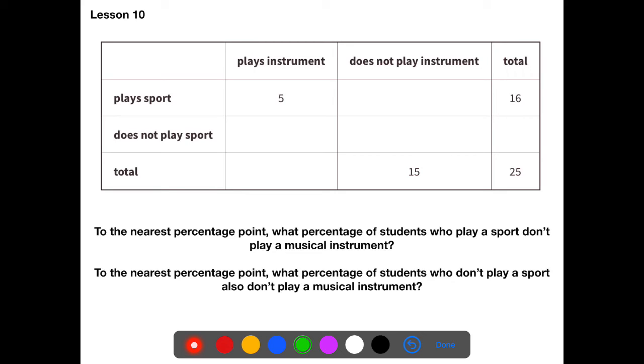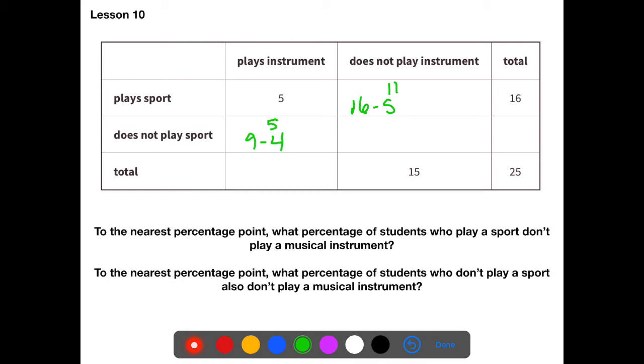So for the plays a sport and does not play a musical instrument, you get 11, since you would take 16 minus 5. Okay, does not play a sport and plays a musical instrument, it would be 5, since you would take 9 minus 4.